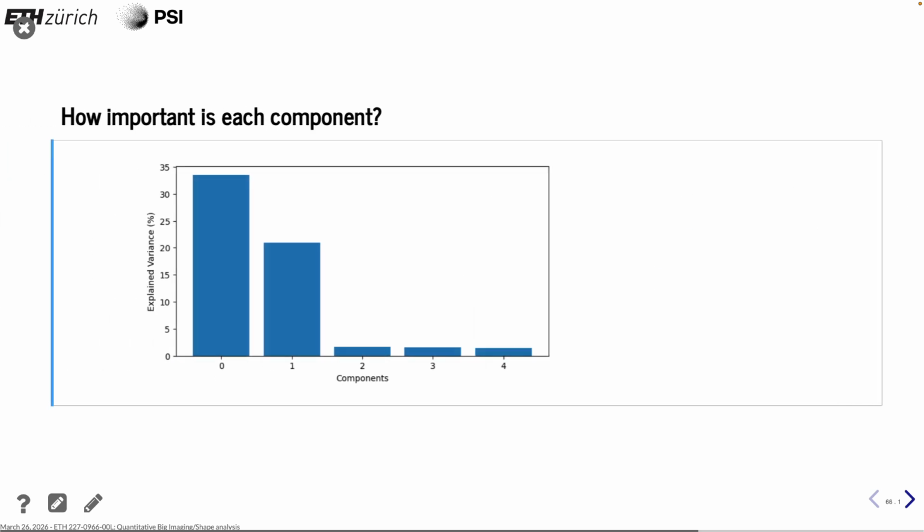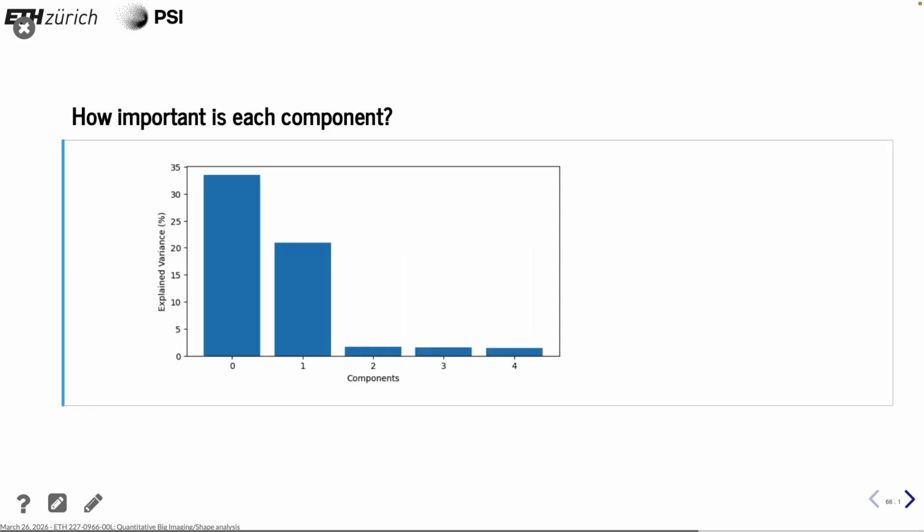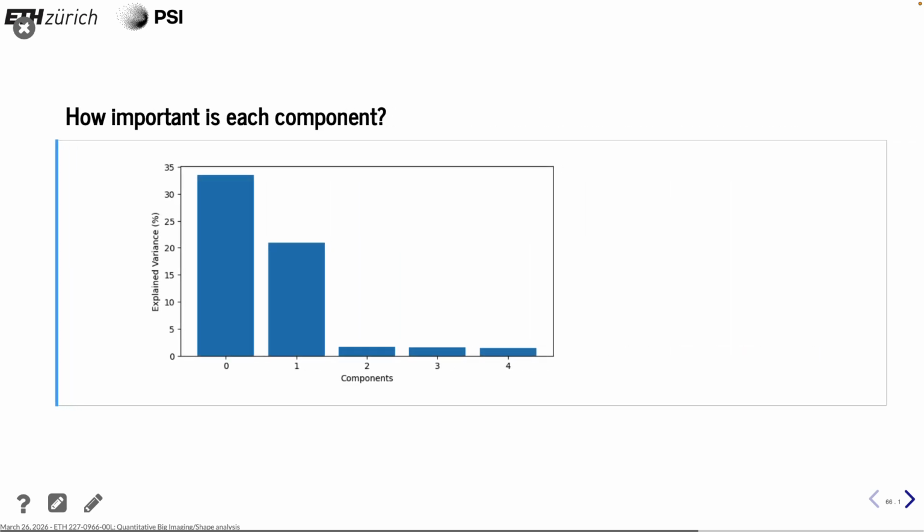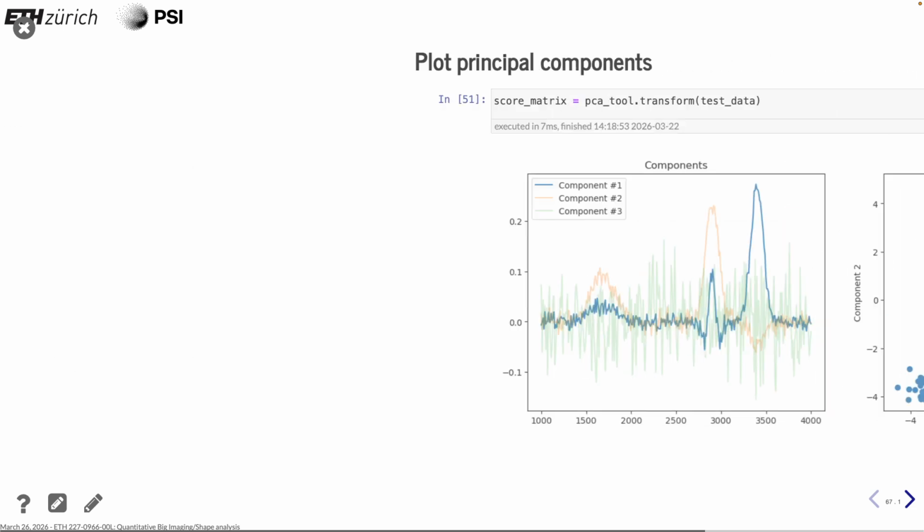If you look at these 2, it looks like they have most of the information in them. And if you start looking at this one, you would probably only see some noise, and that can be tricky to handle.